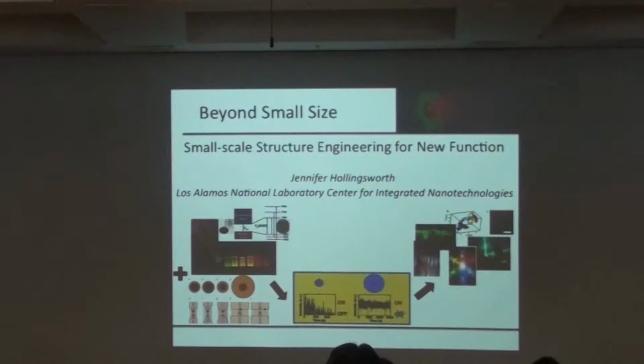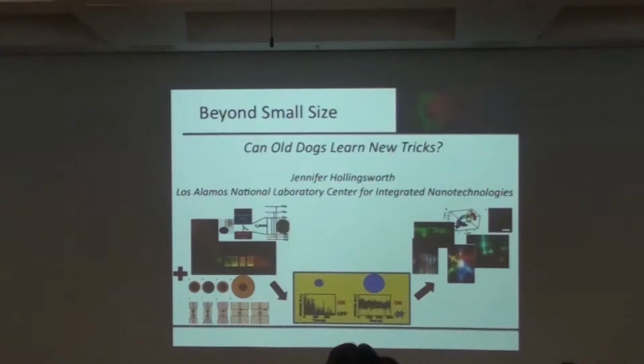We still utilize the quantum size effects to create properties, but on top of that, we're employing nanoscale engineering, control of structure at the nanoscale inside the quantum dots to facilitate emergence of new properties, the addition of new properties for multifunctionality, etc. I hope to give you a flavor of where this field is going in this talk. We can also title this talk slightly differently: Can Old Dogs Learn New Tricks?